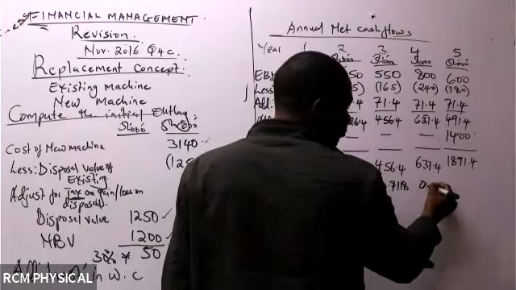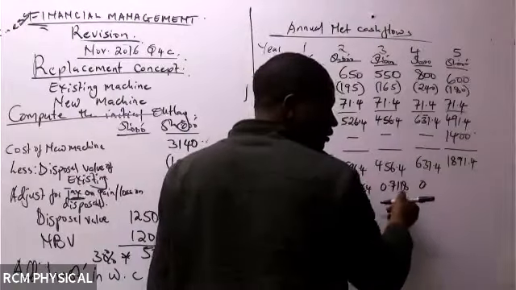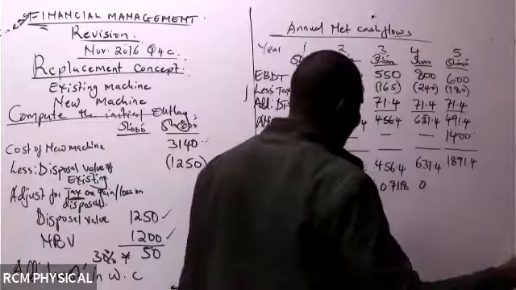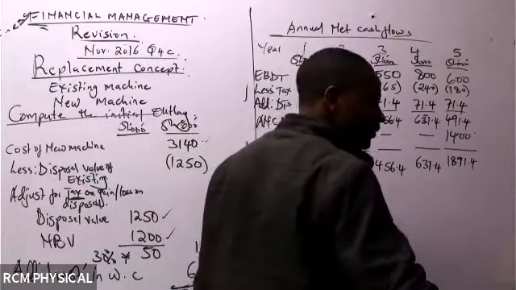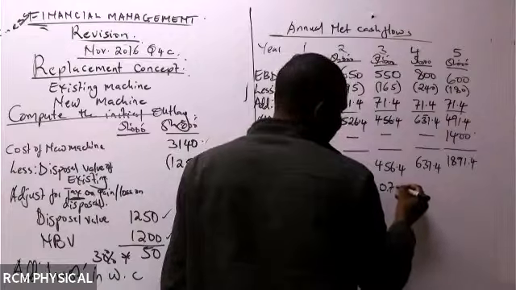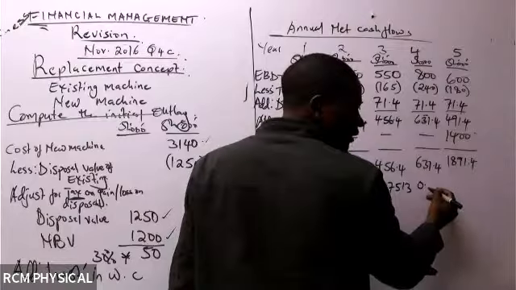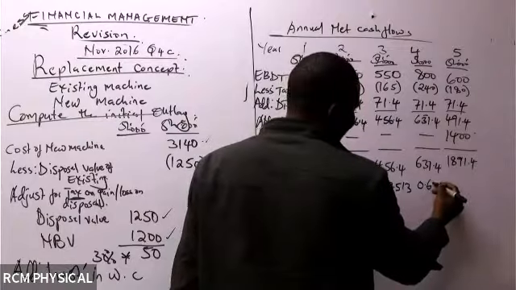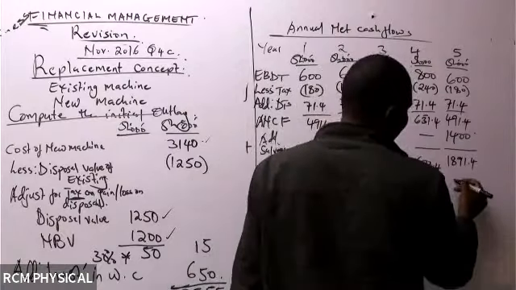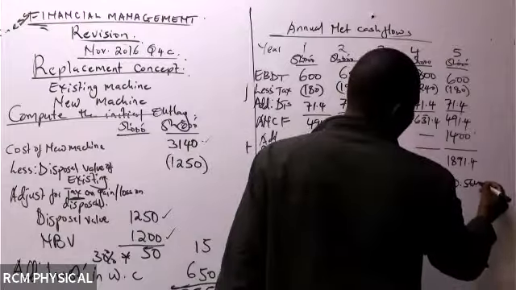Let me confirm, I'm just trying to remember how this is. The factors are 0.7513, and then 0.6830.